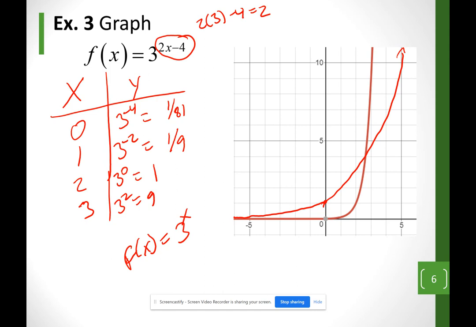Now, 3 to the 2x minus 4 definitely does not cross at the point 0, 1. It got shifted to the right, and it just goes faster. Why did it get shifted to the right? Because of that.